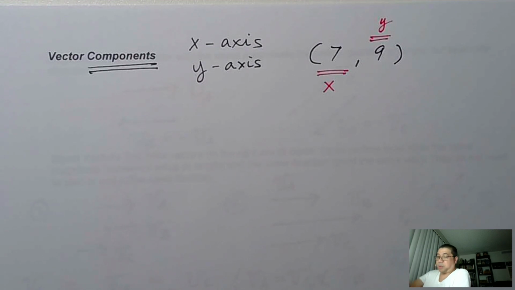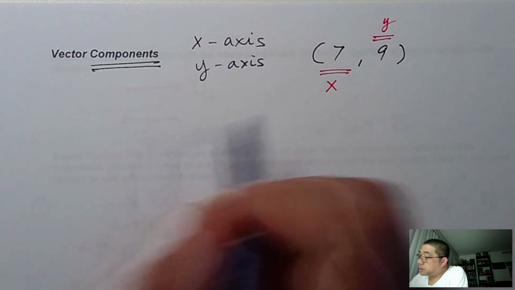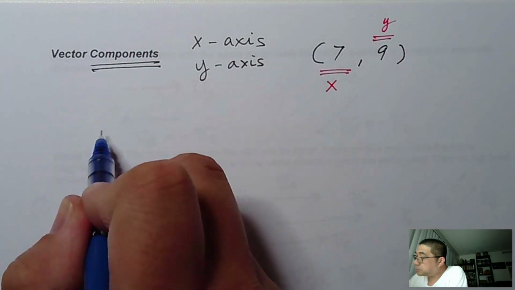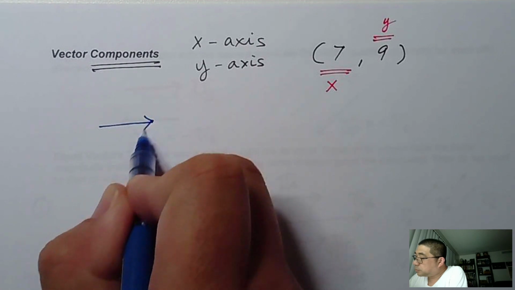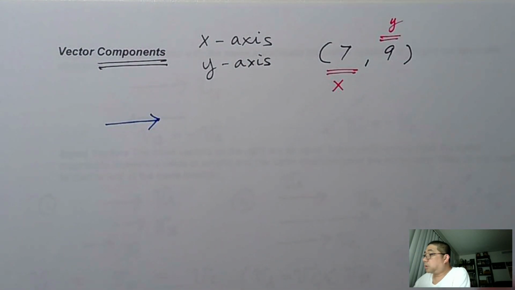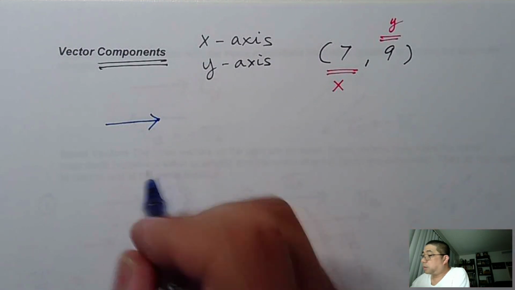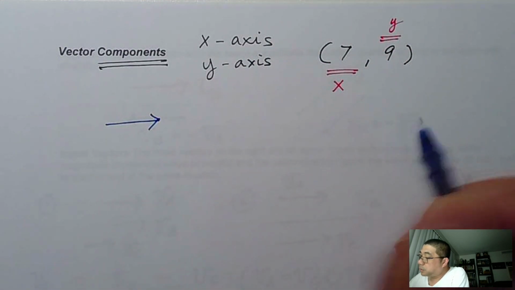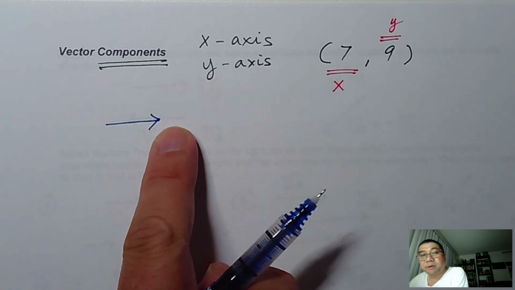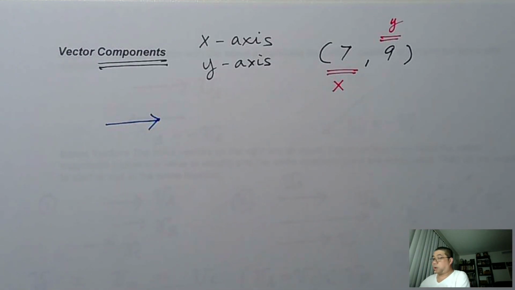Let's say we draw vector A. What are the components of vector A? First of all, where can you find vector A?